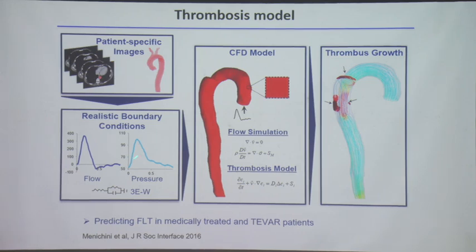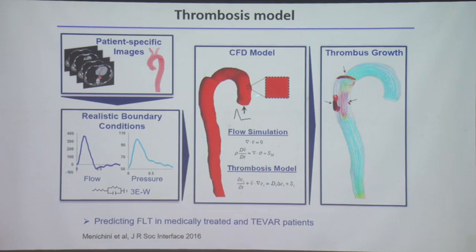You then apply realistic boundary conditions, for example, a flow waveform or velocity profile at the inlet, and a pressure-based boundary condition at the outlets, which is realized through a three-element Windkessel model that we discussed yesterday. So here is a representative geometry.